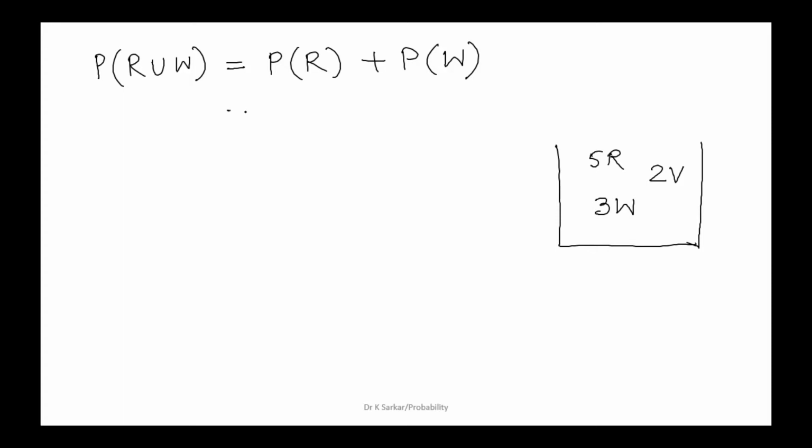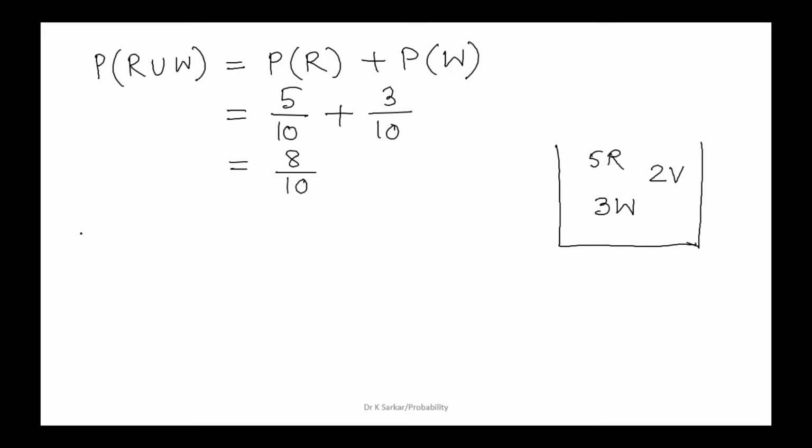So probability of R is 5 by 10, favorable outcomes 5 and total number of outcomes 10, plus 3 by 10, favorable outcomes 3 and total number of outcomes 10 because there are 3 white chips. So this is equal to 8 by 10.